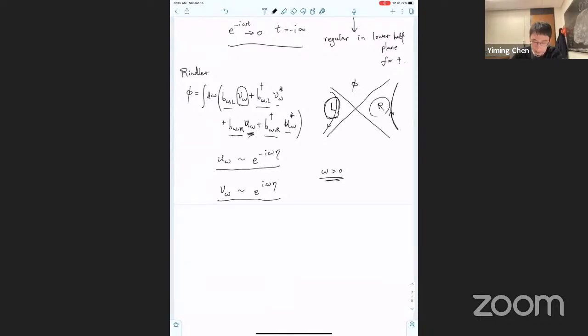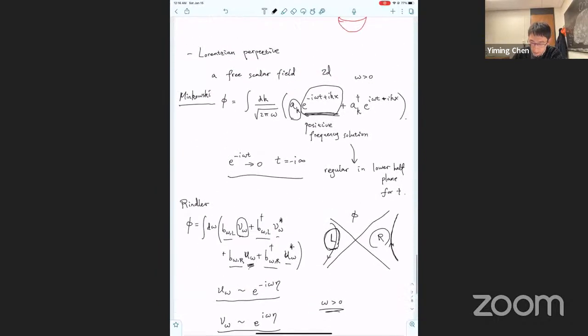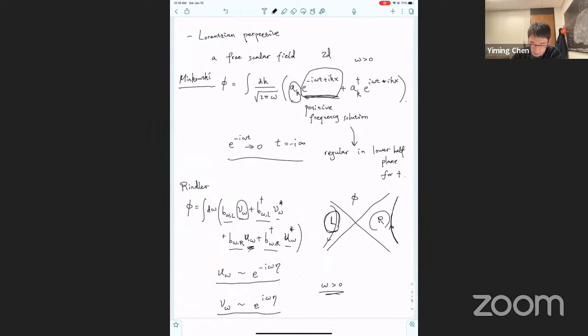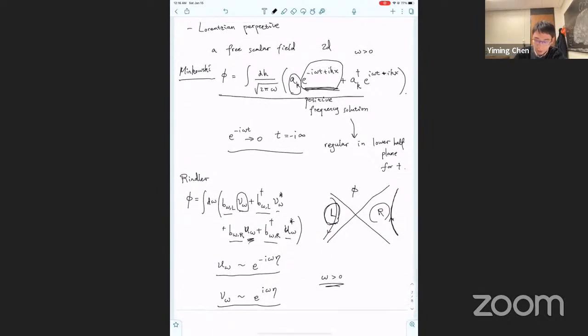Okay, so now we have written two different forms of the mode expansion for the scalar field, okay? And it's the same scalar field.